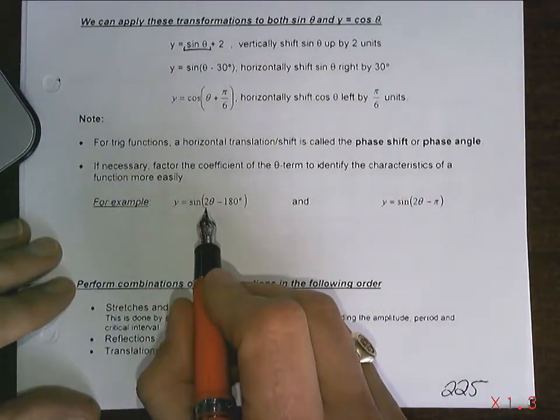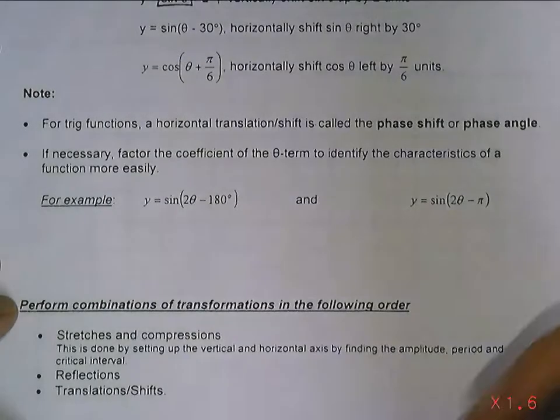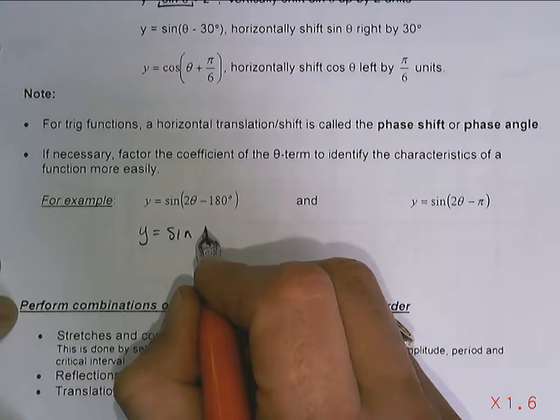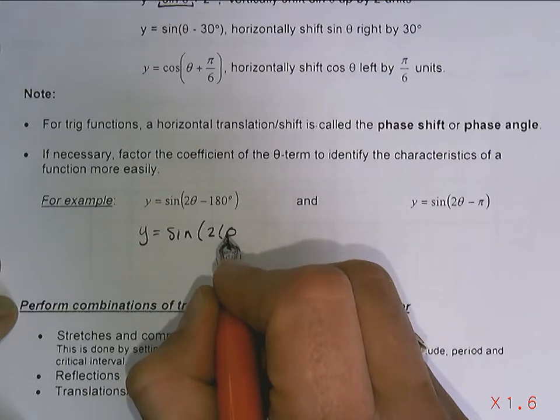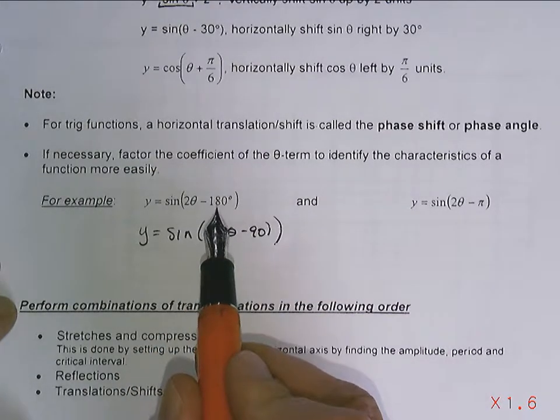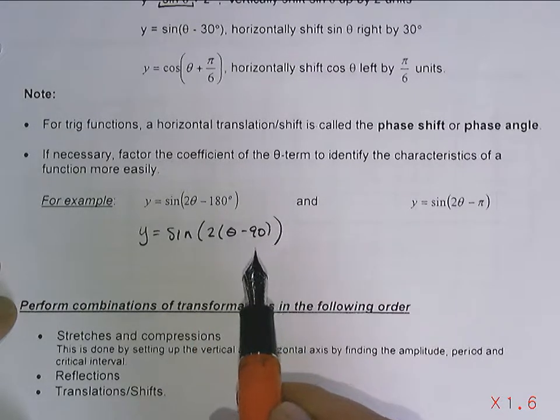See here, I have a horizontal compression and a phase angle or a phase shift. If I have both, I have to make sure that it's factored. So it's sine 2 theta minus 90. So it's not really movement to the right 180 degrees, it's movement to the right 90 degrees.